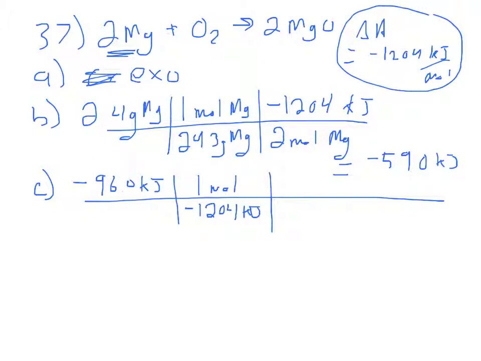I'm sorry. This should actually be a 2 because that comes from our coefficient. That's together just like that was together. That's MgO. Always put your units, or you'll end up like me, and that would be bad. Okay, so 2 moles of MgO.